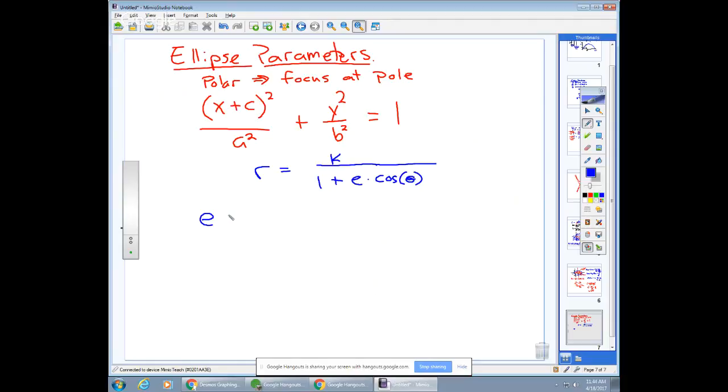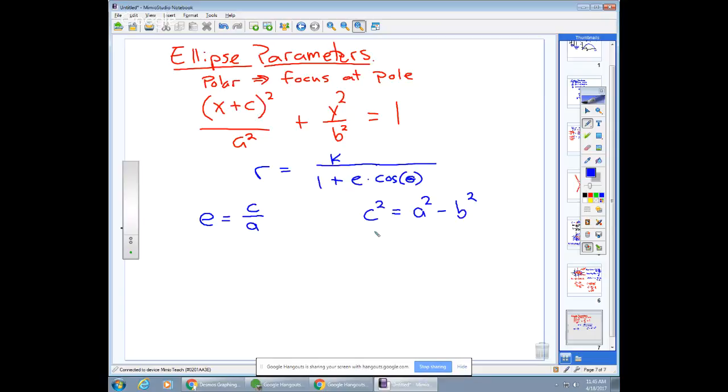The eccentricity can be found by taking c and dividing by a. Keep in mind here that we have the relationship that c squared is equal to a squared minus b squared. With an ellipse, a, the major axis number, is always the biggest number in that triangle.